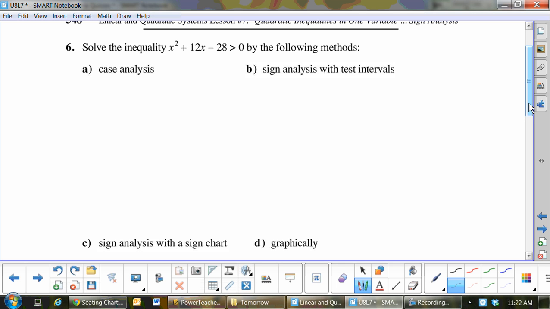Okay? So, let's just factor this first. What does it factor out to be? What are my numbers that add to 12 and multiply to negative 28? x plus 14, x minus 2.